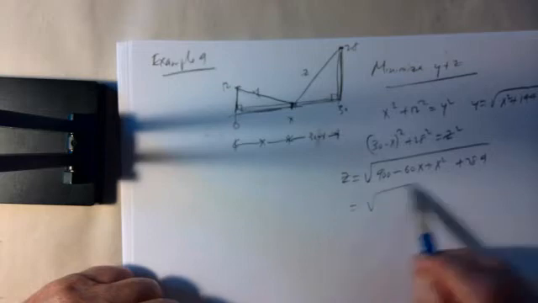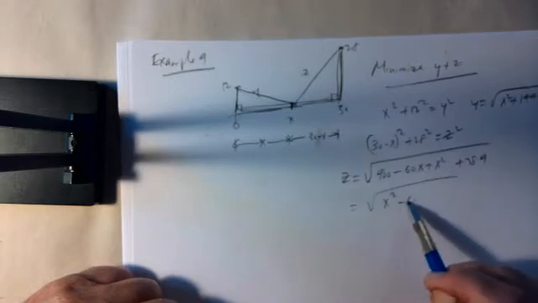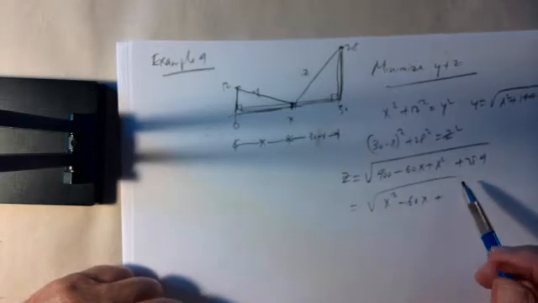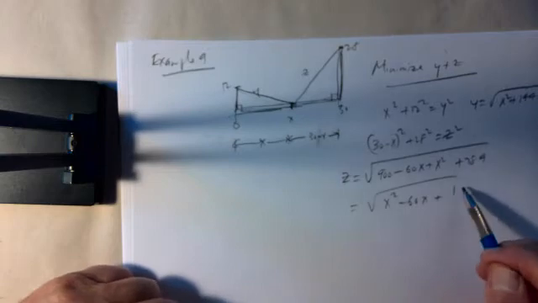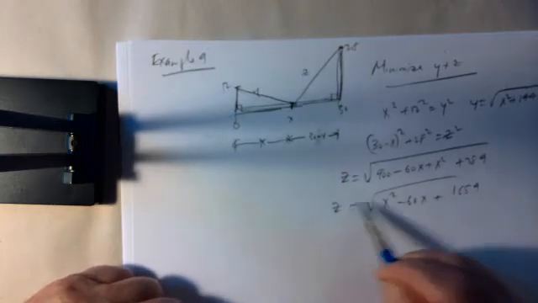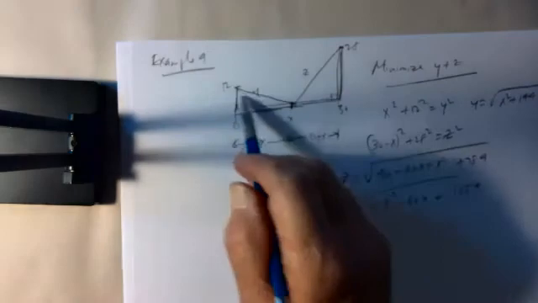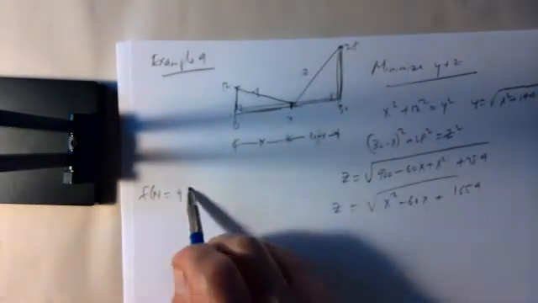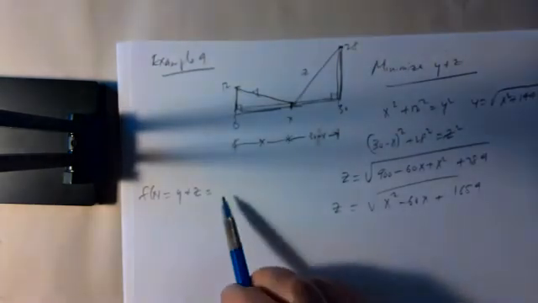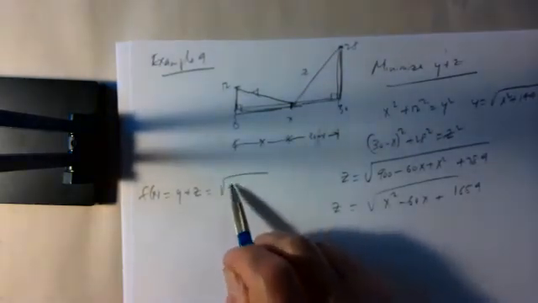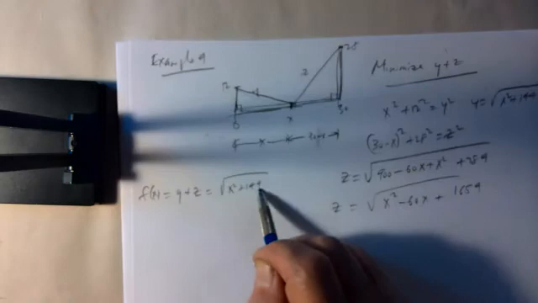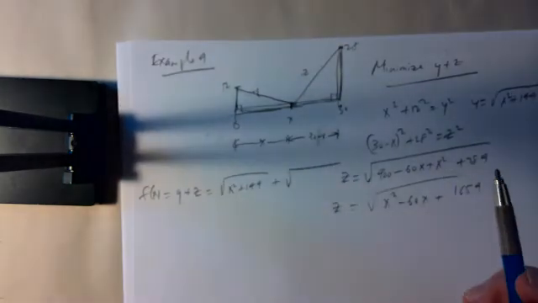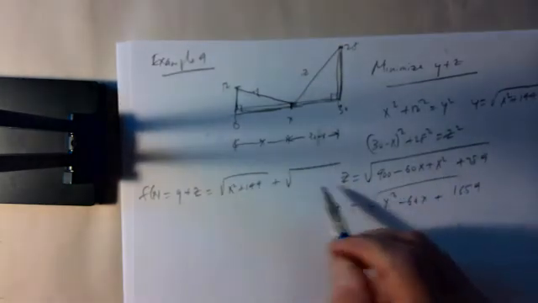So this is the square root of x squared minus 60x plus 1,684. So the total distance, which is a function of x, that's y plus z, is the square root of x squared plus 144 plus the square root of this expression.